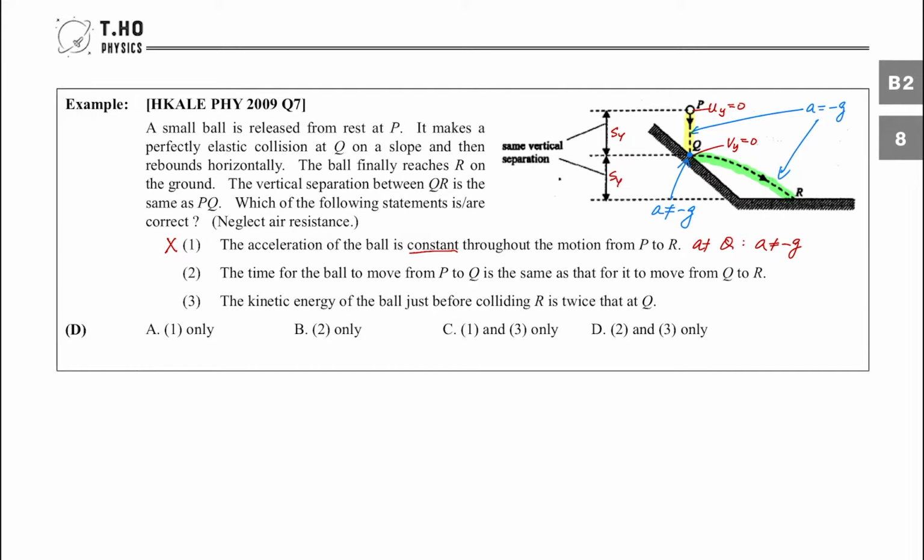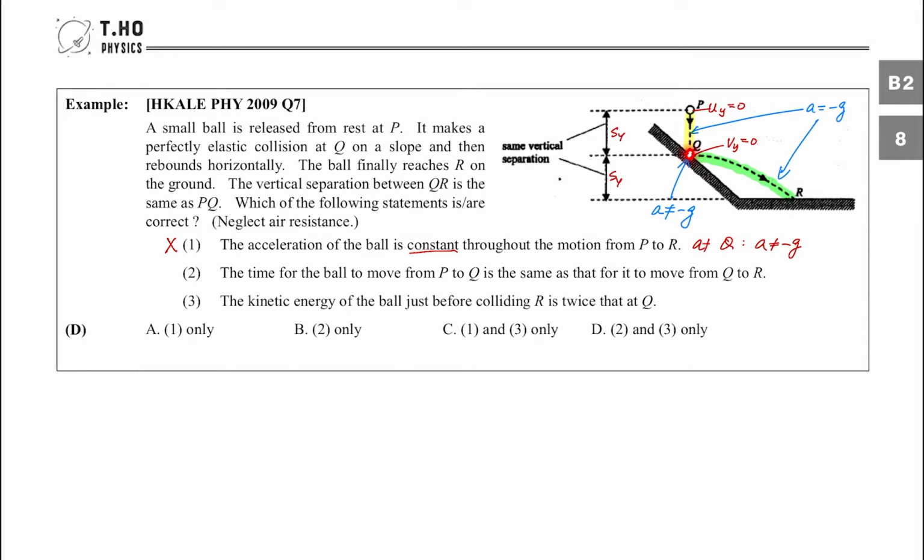Statement 2. The time for the ball to move from P to Q is the same as that for it to move from Q to R. That is, the time of flight in the yellow section is equal to the time of flight in the green section. Now note that at first it starts with zero vertical velocity, and even after it rebounds, because it goes horizontally, the vertical velocity is also 0. So both of them start with zero vertical velocity.